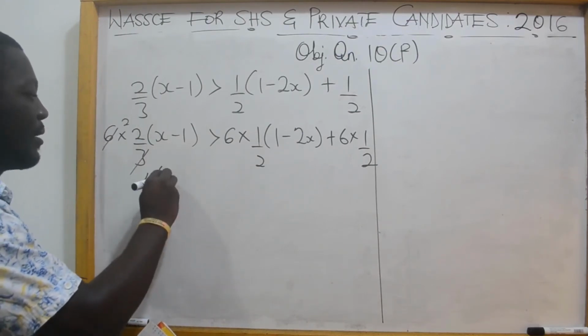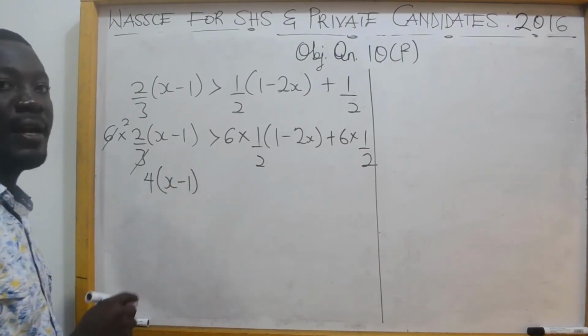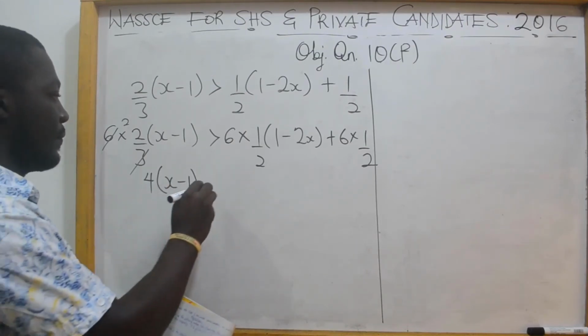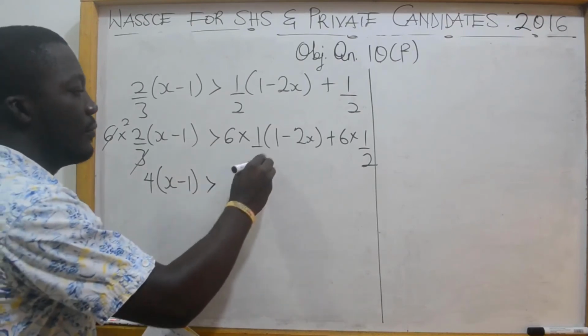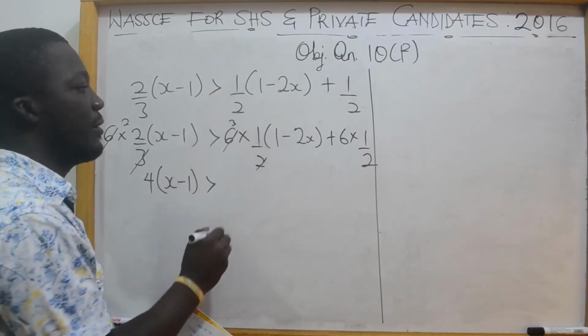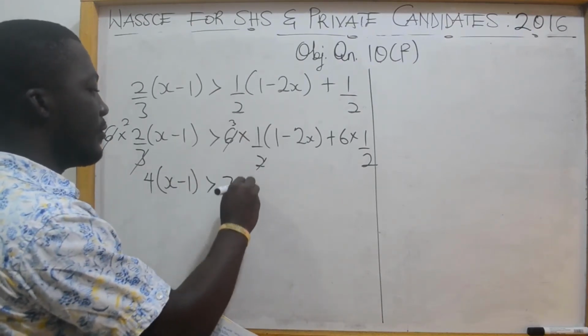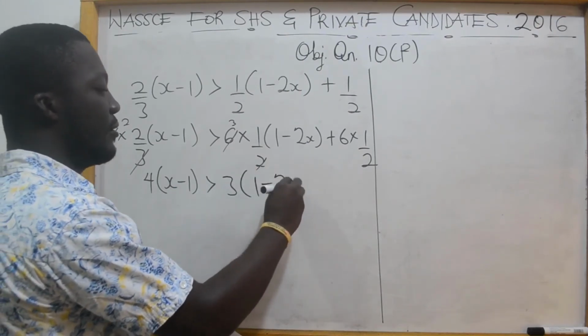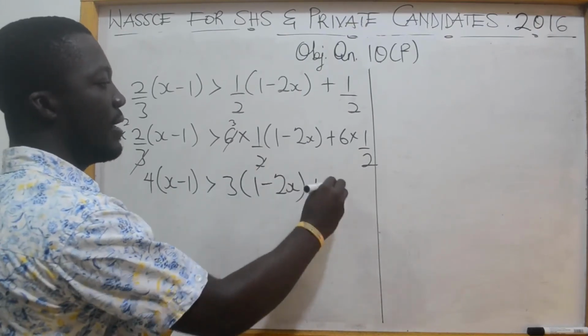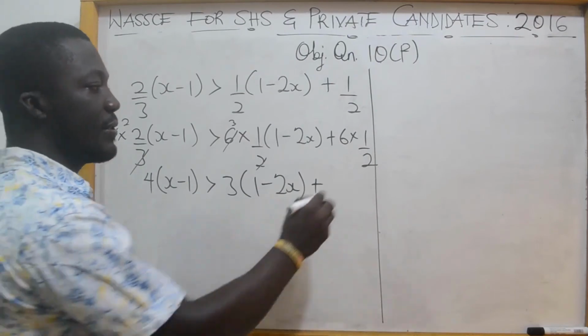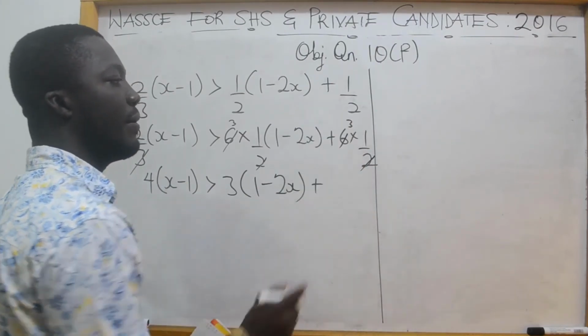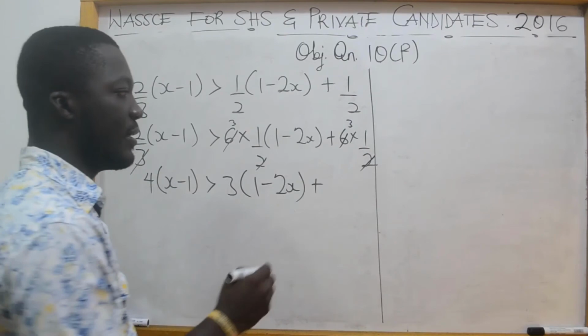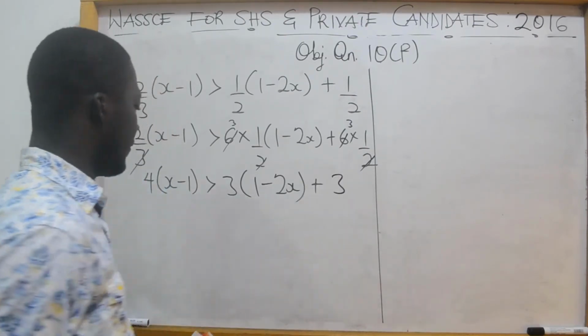So 4 into bracket x minus 1 is greater than 2 into 6 is 3, we're going to get 3 into bracket 1 minus 2x plus 2 into 6 is 3. 3 times 1 is the same 3.